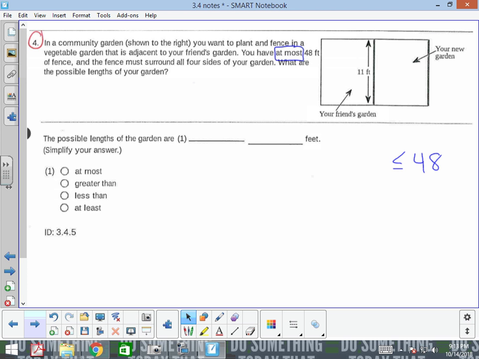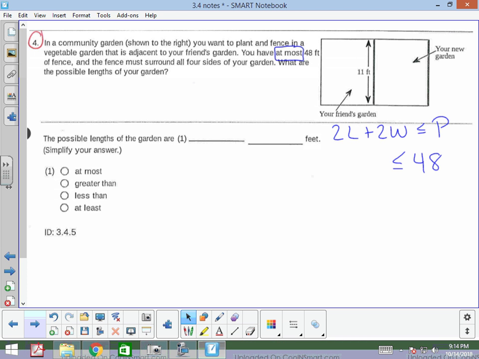Okay, so we're using the perimeter formula here. So 2 times L plus 2 times W must be less than or equal to the perimeter in this case. Now they have 11, so that 11 is the width, and we're looking for the length. So 2 times L plus 2 times 11 has got to be less than or equal to 48.